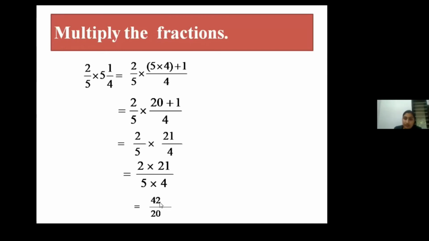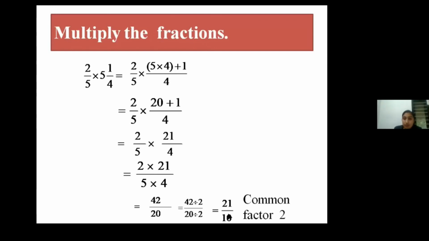That factor is 2. So we can divide these numbers with 2. 42 divided by 2 is 21. 20 divided by 2 is 10. So again we get the answer 21 by 10.